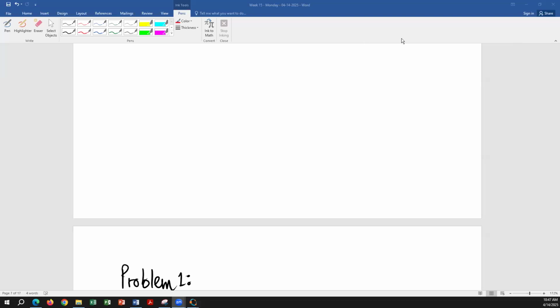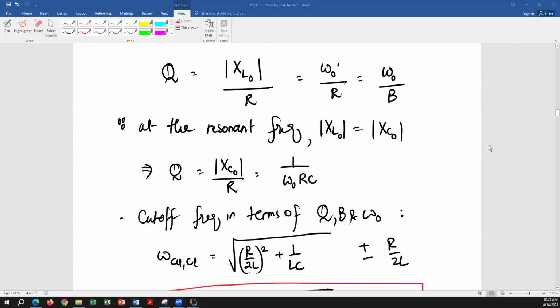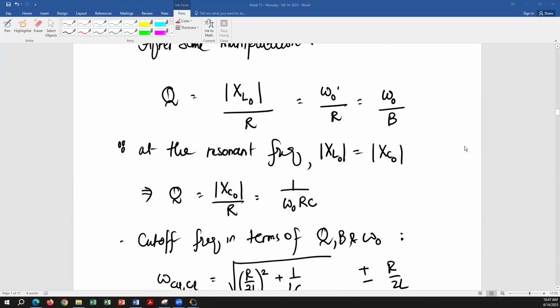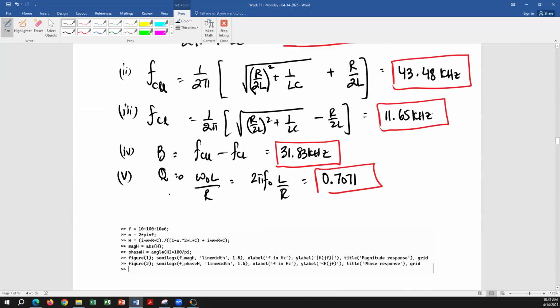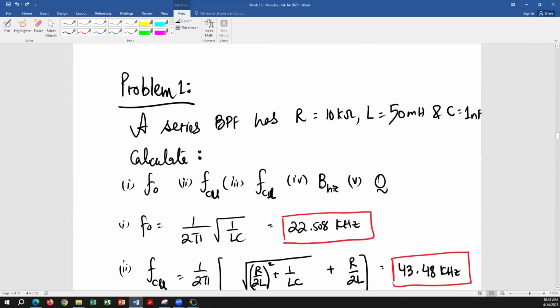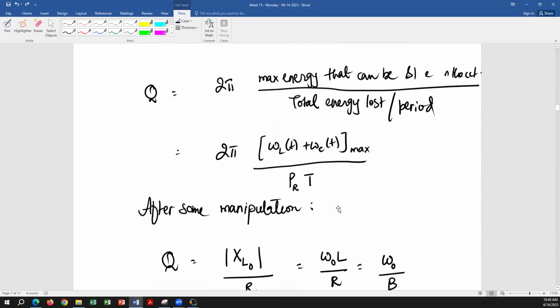So the quality factor, since it is evaluated at the resonant frequency, XL naught and XC naught, they're just calling the quality factor Q naught, to represent that it is evaluated at omega naught. That's the variable that they're taking in the textbook.